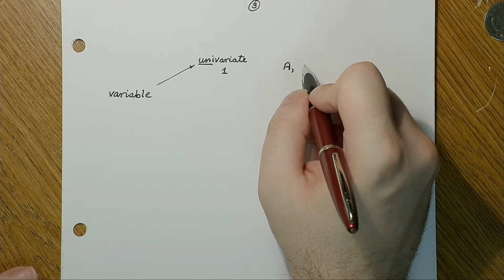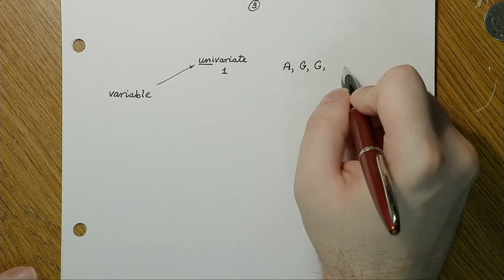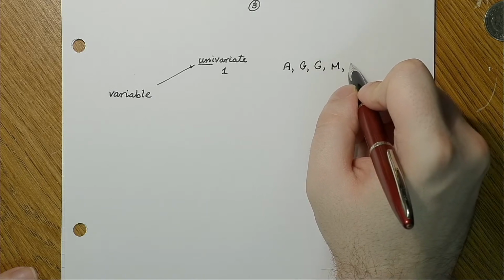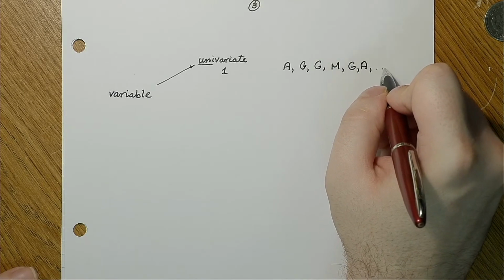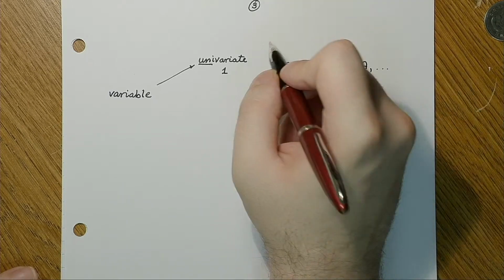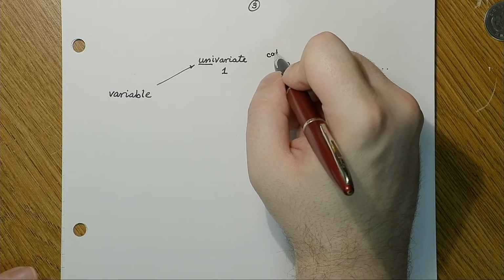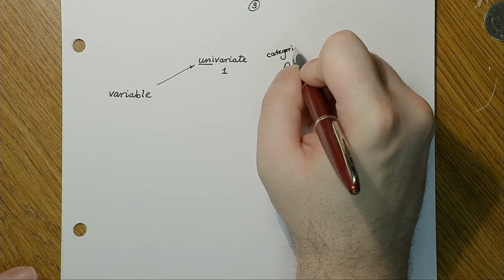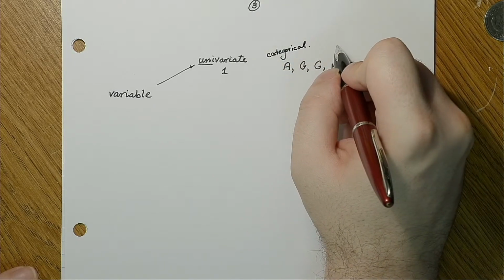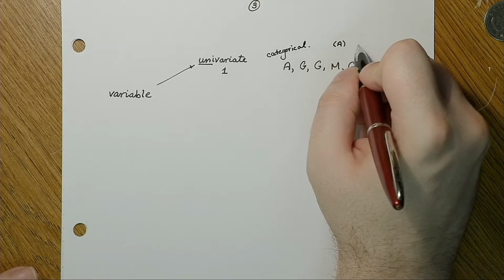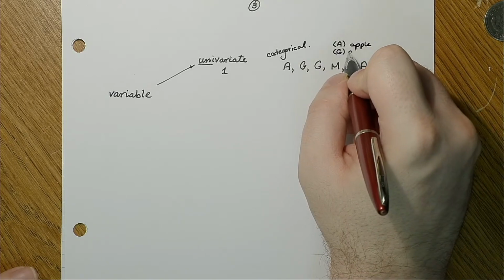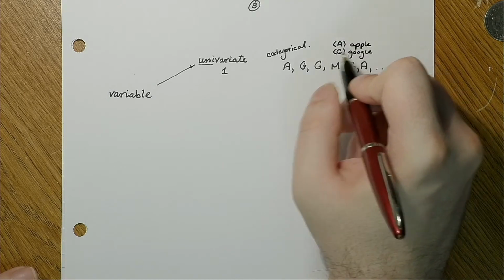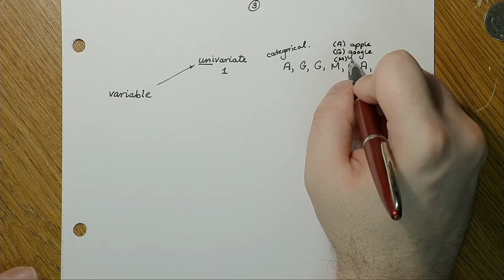So we could say Apple, Google, Motorola, Google, Apple, and so on and so forth. And so this is an example of categorical, where we have A for Apple, G for Google, and M for Motorola.